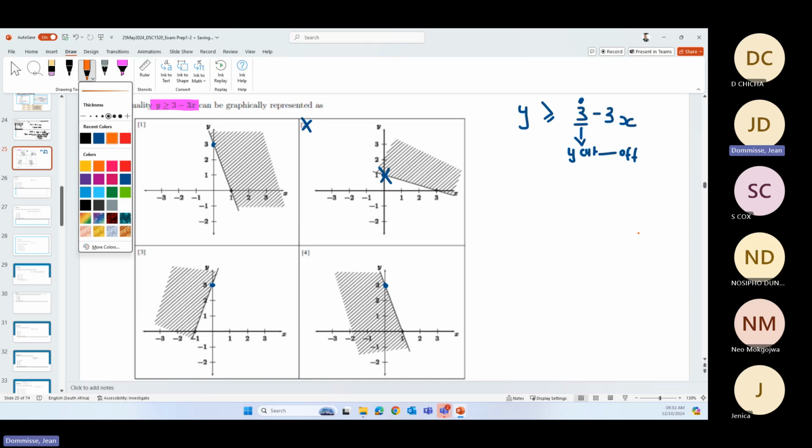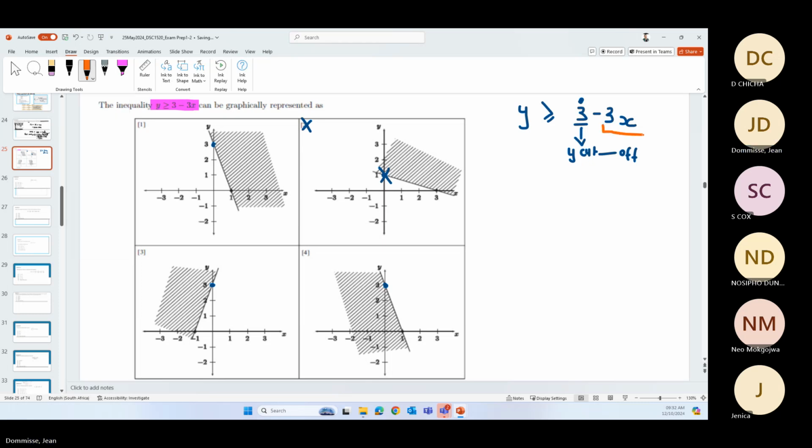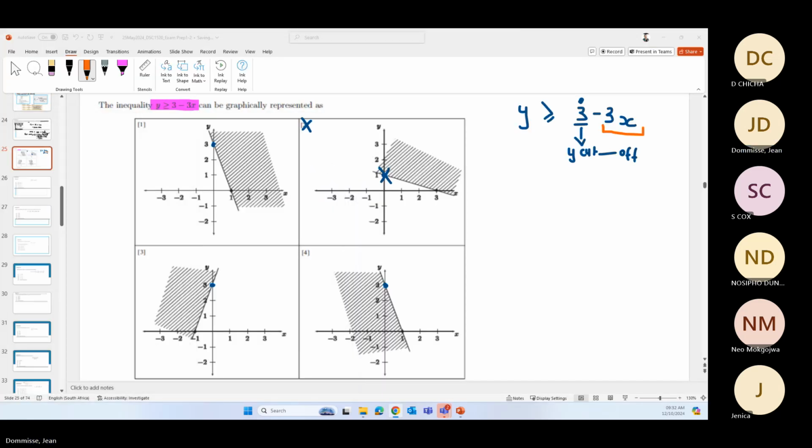So now for the next step, I'm going to look at the minus 3x. I don't think we've done it, so I want to copy in something from the internet. How does a negative slope look?